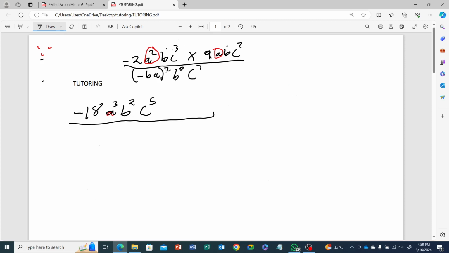When it's like this, I said use the distributive law here on -6a all squared. So -6 squared will be positive 36. Then a will have a squared. Then b to the power of 0 and c to the power of 7. Now, can we simplify this? Yes, of course.